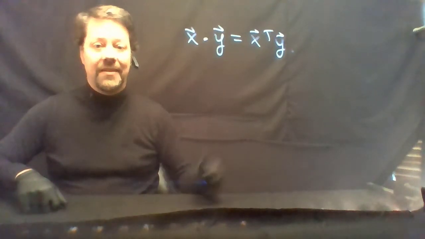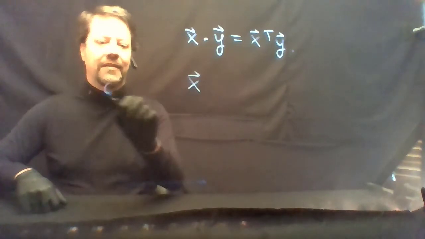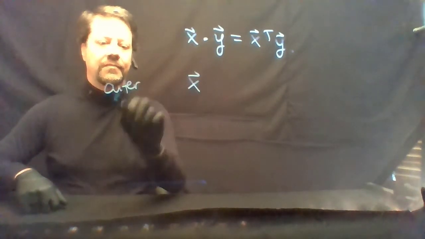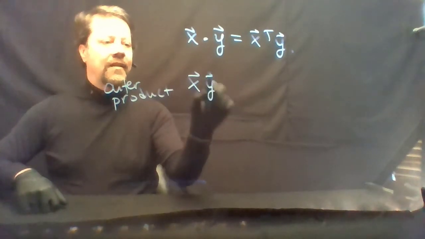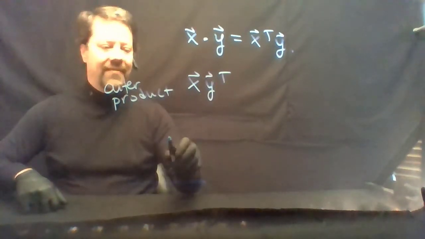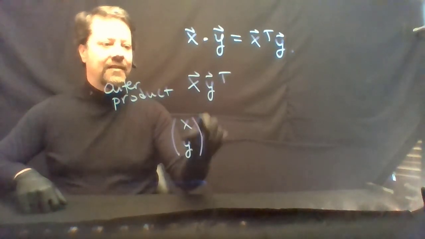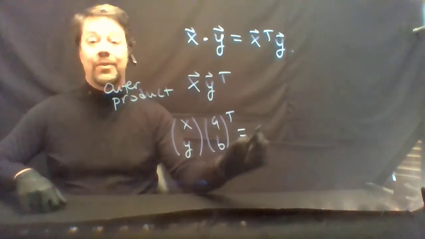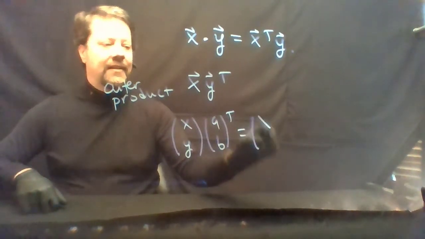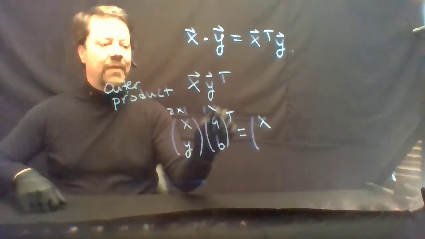This is also why this is called an inner product, as opposed to the outer product, x y transpose. You can see that if I have x y times a b transpose, this is going to be 2 by 1, and that's going to be multiplied by 1 by 2.